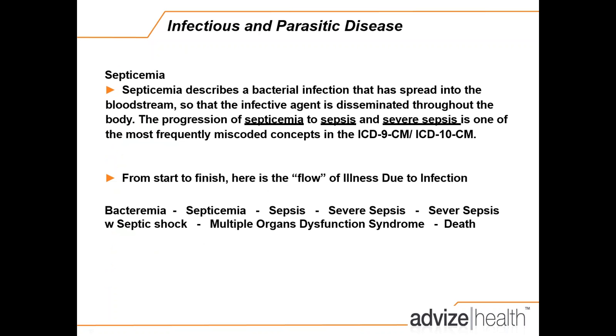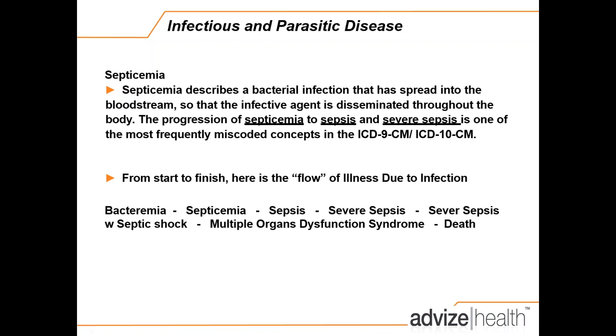So again, keep in mind that septicemia, in my world and what I've dealt with before, can be complicated, but it is rather easy once you get the progression of it down. And so below, from start to finish, here's a flow of the illness due to the infection. It starts with a very general bacterial infection.